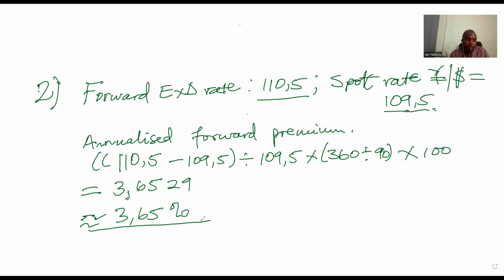The dollar's forward value exceeds the spot value by a premium of 1 Japanese yen. You can calculate the premium: 110.5 minus 109.5. 10 minus 9 is 1, and then 10 minus 10 is 0.